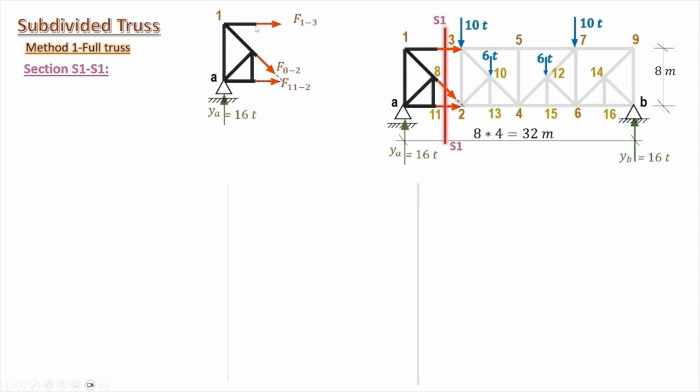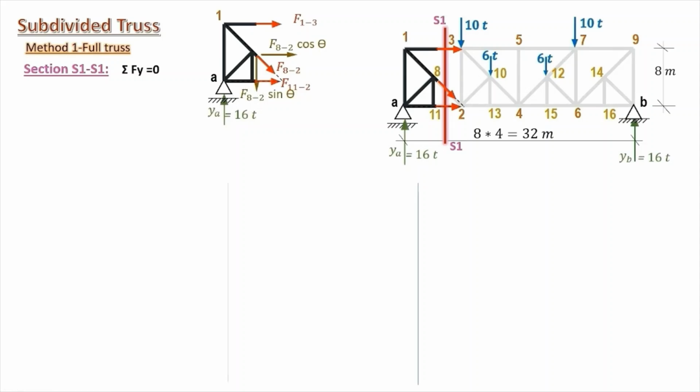These are the members 1, 3, 8, 2, and 11, 2. We analyze 8, 2 into its main components, and we take sigma y equals 0. We choose the y direction first because this equation will have one unknown, which is the force in 8, 2.